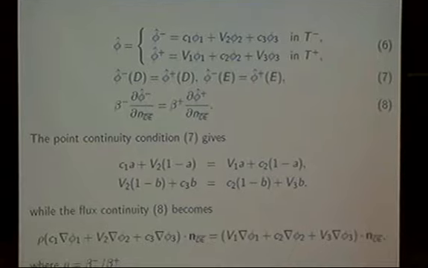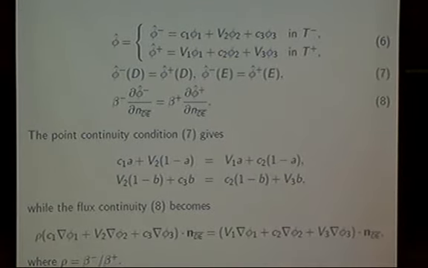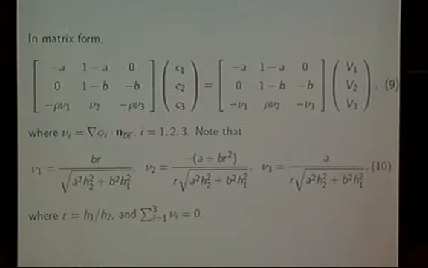Then using this condition, you can write down the equation. And then this is an equation in matrix form. It's only a 3 by 3 matrix. And this nu is the normal vector on the interface. From now we are going to enter some technical part, but anyway, the problem is that C1, C2, C3 are functions of V1, V2, V3.